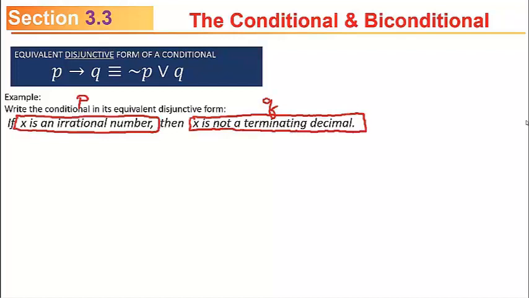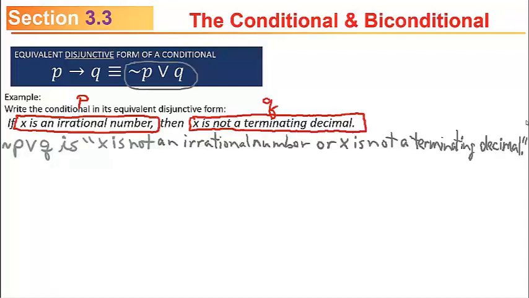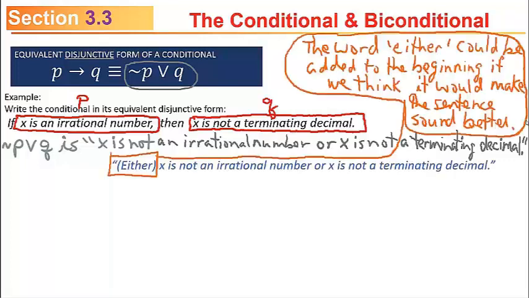The x is an irrational number is the P. X is not a terminating decimal is Q. So you want to take that and turn it into the right-hand side of the equation, which says not P, x is not an irrational number, then the disjunction, which is the or, and then the Q, which is x is not a terminating decimal. So you put not P ORed with Q, and you get the statement, x is not an irrational number or x is not a terminating decimal. Simple enough.